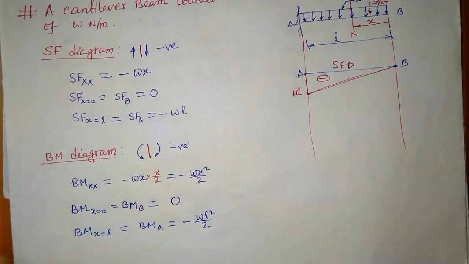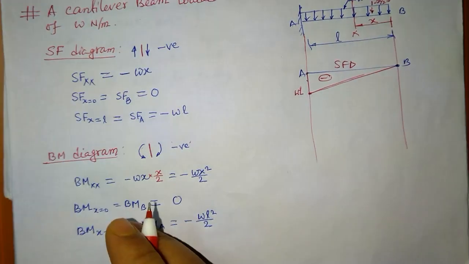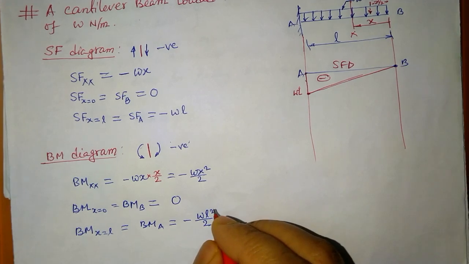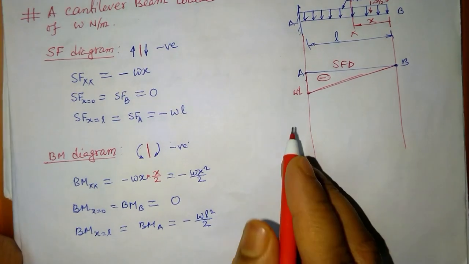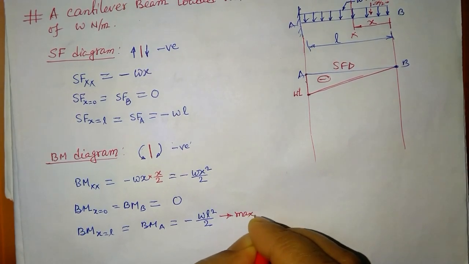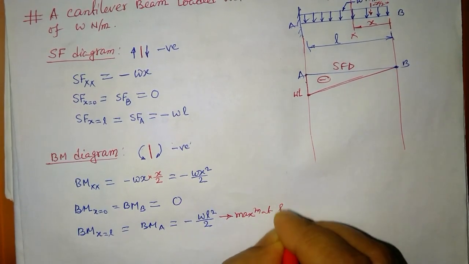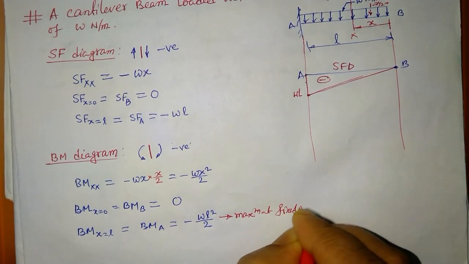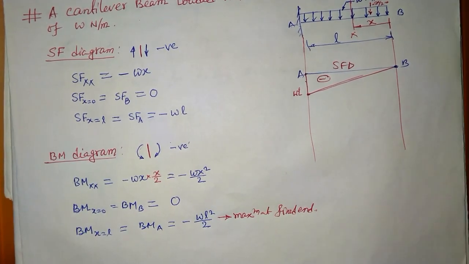And as we already saw in the last problem, bending moment is always maximum at the fixed end. So this is also maximum at the fixed end.